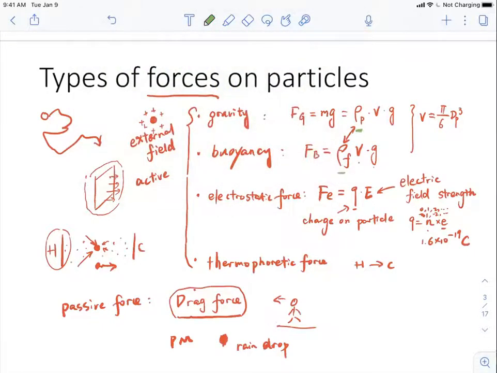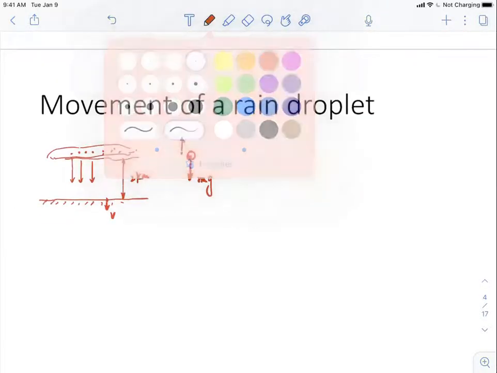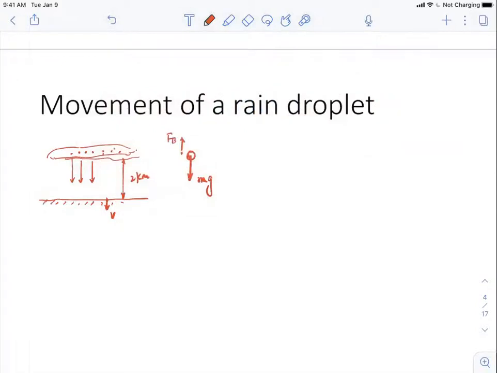The gravity uses the density of water, which is 1,000 kilograms per meter cubed. But for buoyancy, it's just the density of air, which is 1 kilogram per meter cubed. You can see that actually the gravity is much, much larger than buoyancy. So we can just ignore this buoyancy here. So FB, we assume that this is close to 0.